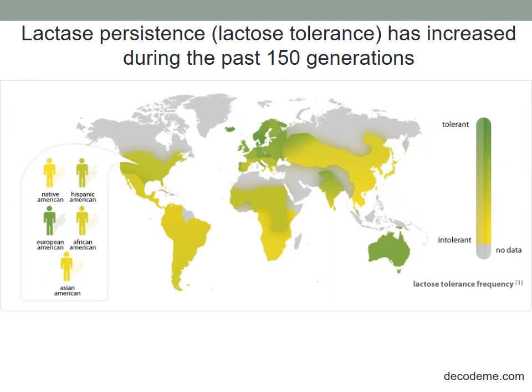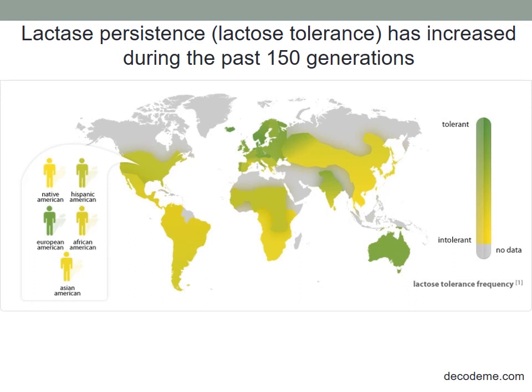One in humans that we've seen change is lactase persistence, also known as lactose tolerance. In humans, the ability to tolerate and for your gut to digest lactose has increased significantly during the past 150 generations. But we find that it has not increased the same in every different people group.